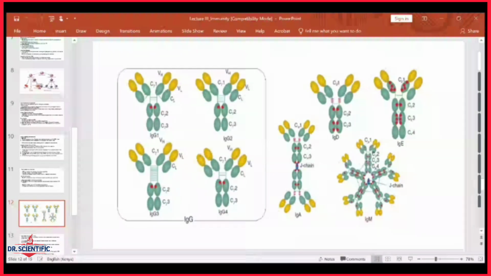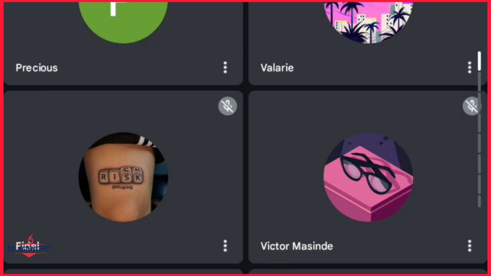And the reason for it being large, it's a bit non-specific, so it's able to bind as many antigens as possible because it has a very large valency, as you see. Before then, specializations come into place. Okay, I think you are able to now see why IgM is the first antibody that is generated, because it has a large valency like that.